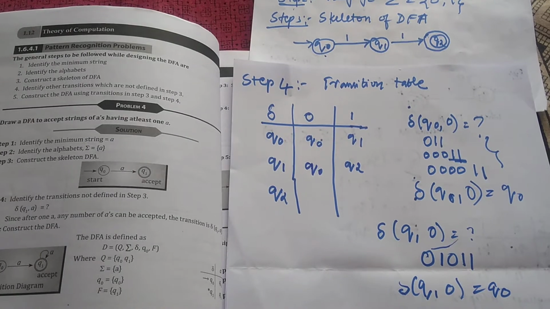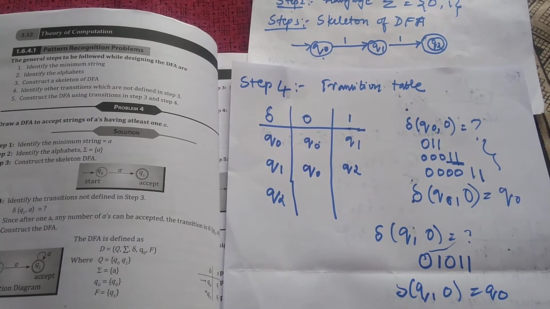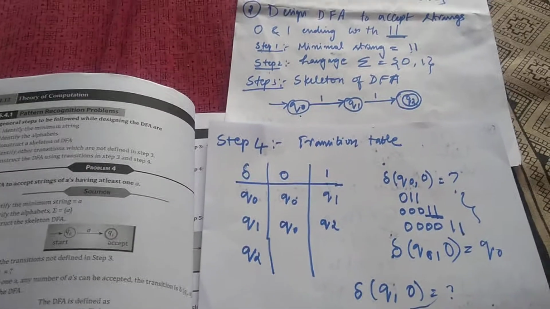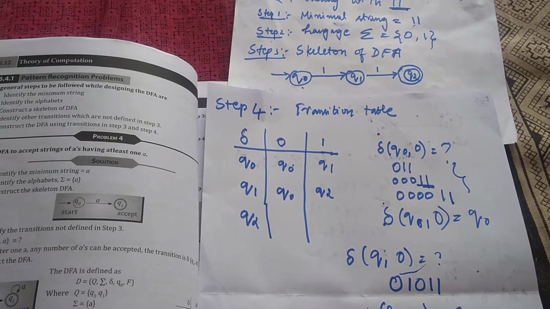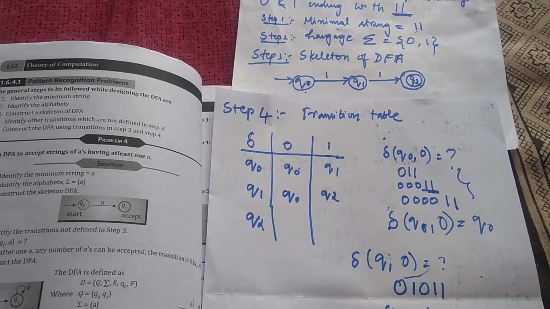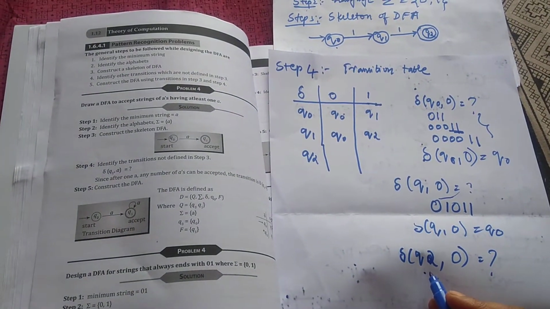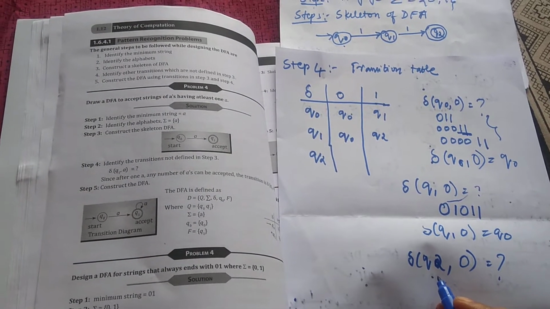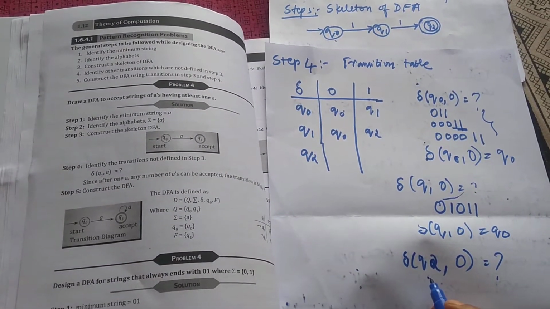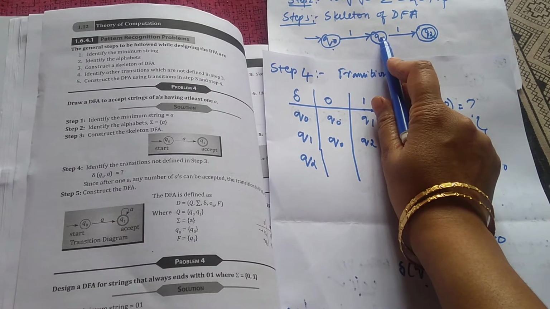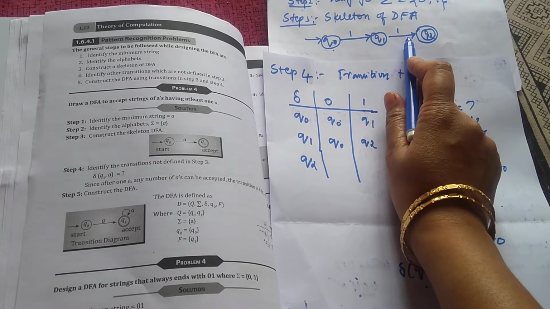Okay, now see Q2. At Q2 we have not defined any transitions yet. So delta of Q2 comma 0 is what? Here if you have 0, you cannot have a self transition. If you move from Q2 to Q1, you will have 1101, like that symbols will come.